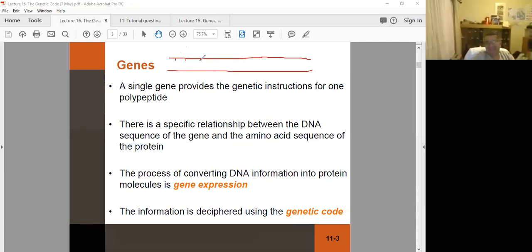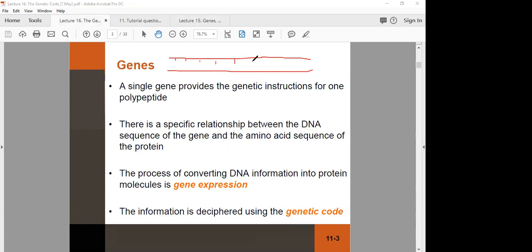All right, I'm drawing some double-stranded DNA here, and these little lines just represent the nucleotides, so I won't actually specify them. So this is a little piece of a chromosome, and this particular sequence of nucleotides here might be a gene.